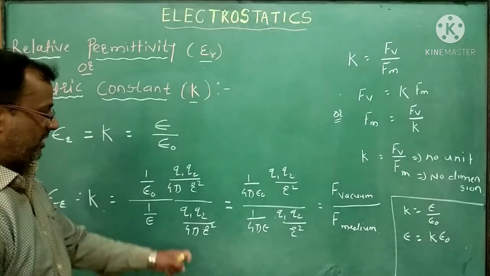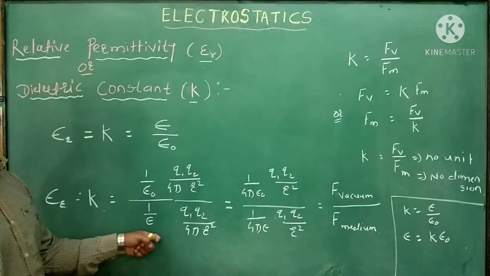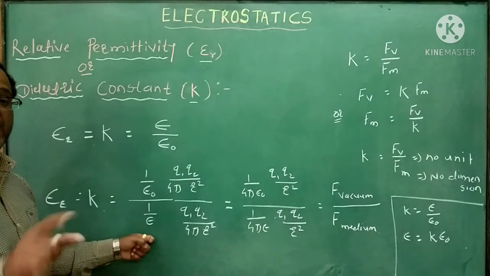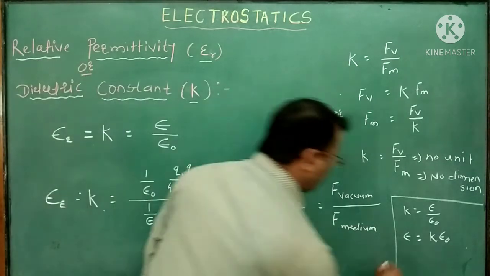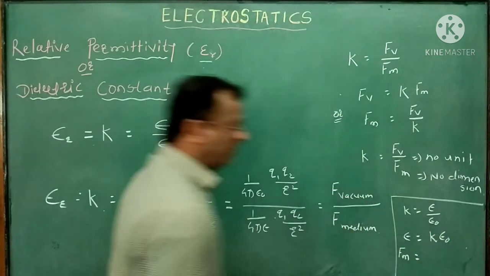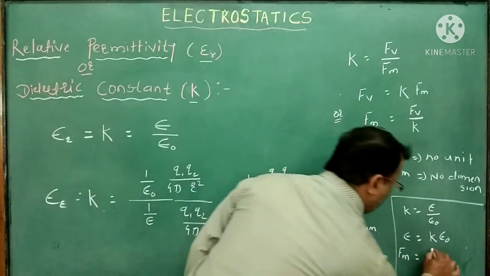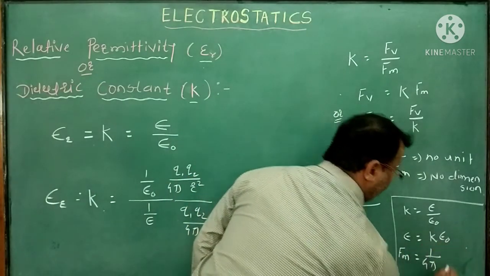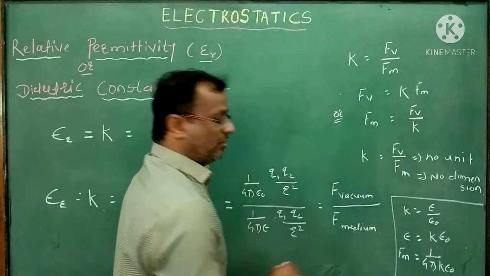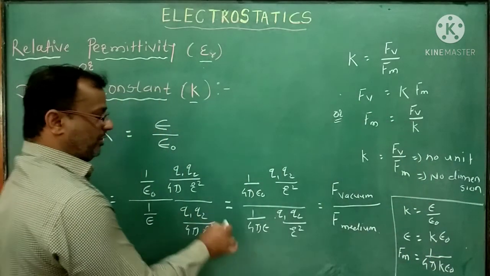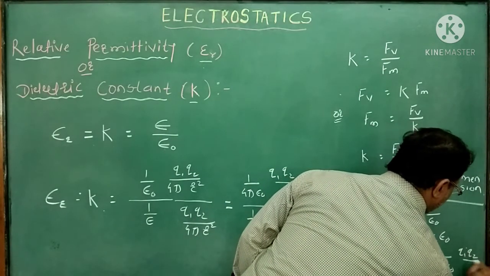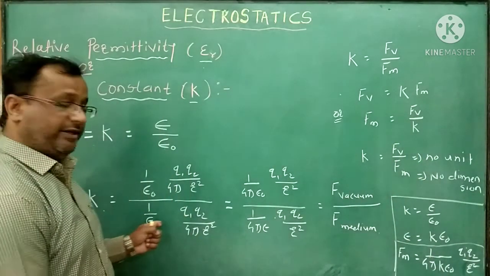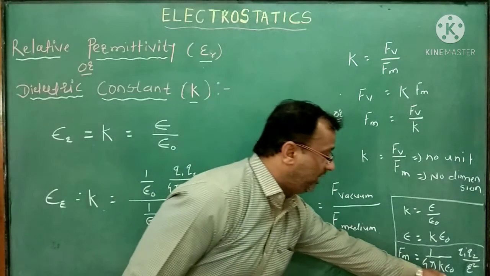So the electrostatic force between two electrical charges separated by distance r in a medium, written as Fm, equals 1 upon 4 pi, and instead of epsilon we substitute K epsilon 0, and the remaining terms are as they are: Q1 Q2 upon r square. So the electrostatic force in a medium is also written in this form.